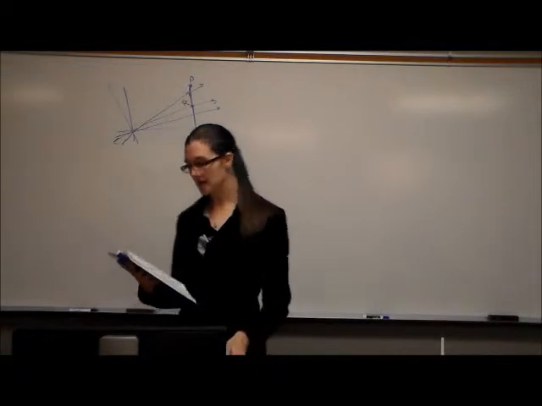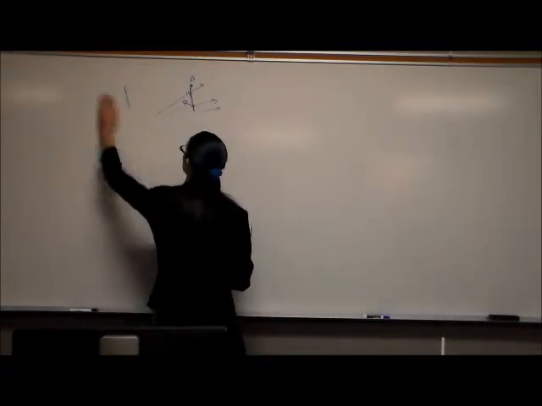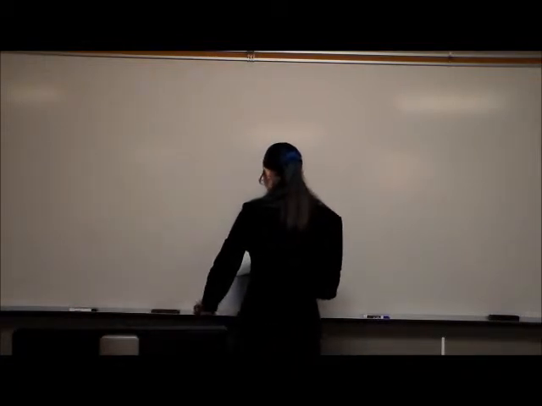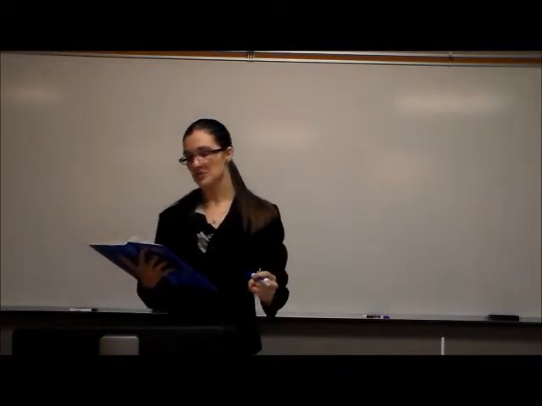You have your rotation formulas: x equals x prime cosine of theta minus y prime sine of theta, and y equals x prime sine of theta plus y prime cosine of theta. Make sure the x has a minus.